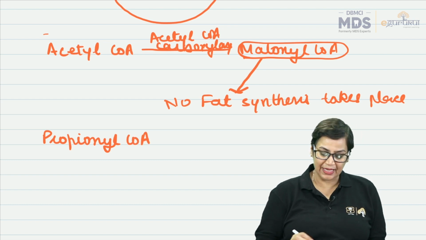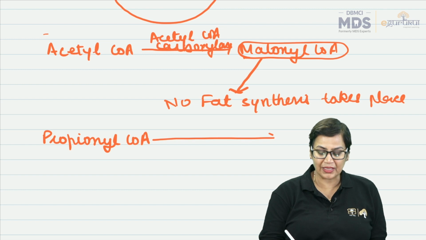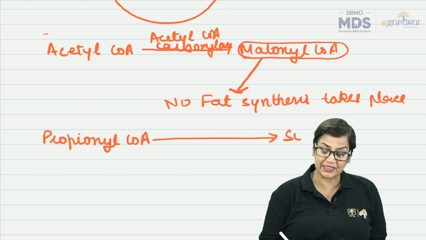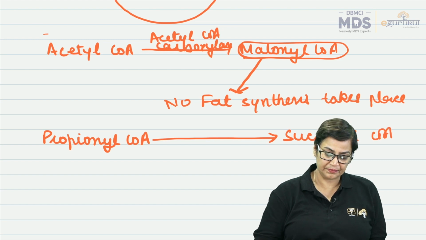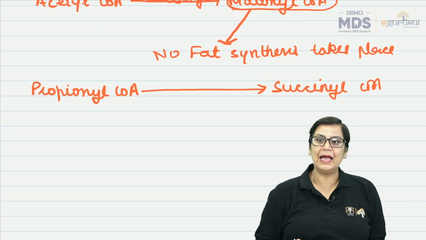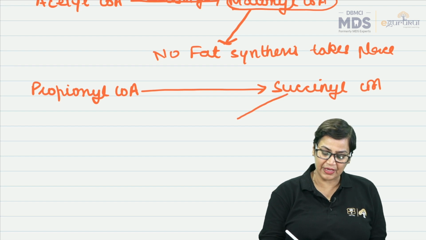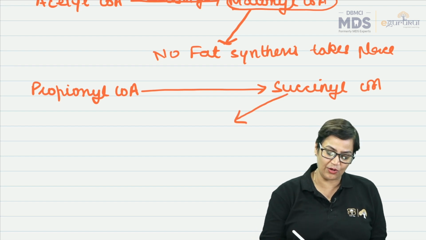propionyl coenzyme A is required for the synthesis of succinyl coenzyme A. And this succinyl coenzyme A is the precursor of heme.